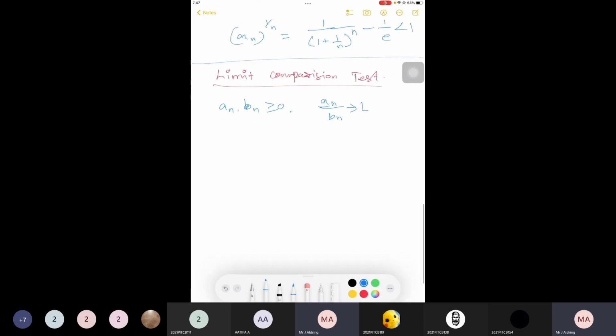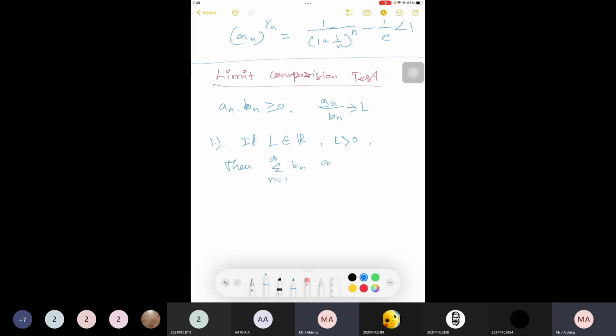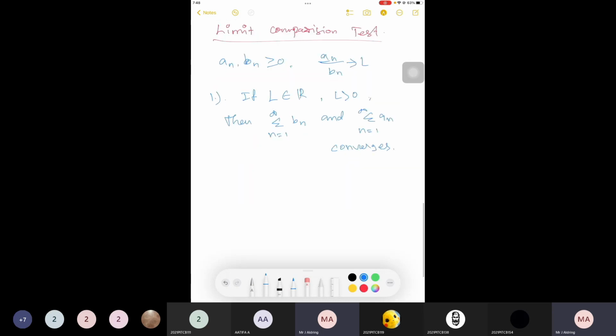Then the first condition: if L belongs to the real numbers, then L is greater than or equal to 0, and if this condition is satisfied, then summation n tends to infinity b_n and summation n tends to infinity a_n converge. That is the first condition.